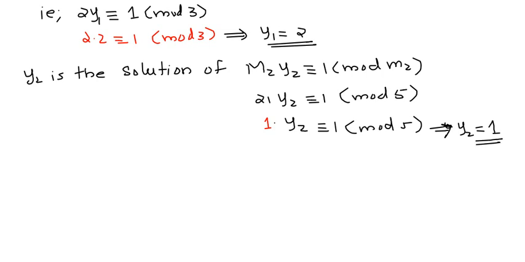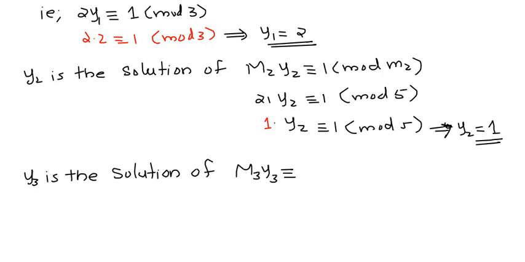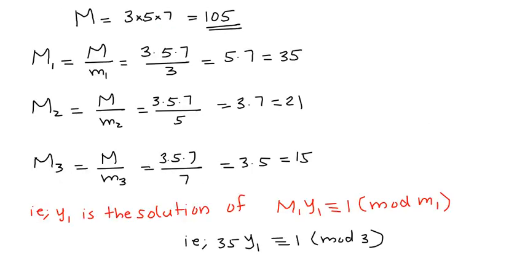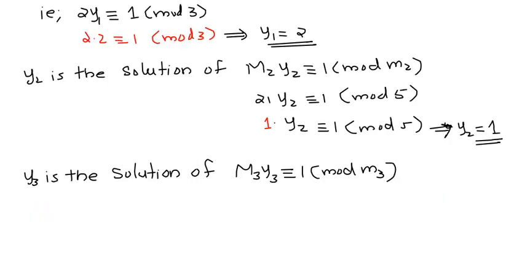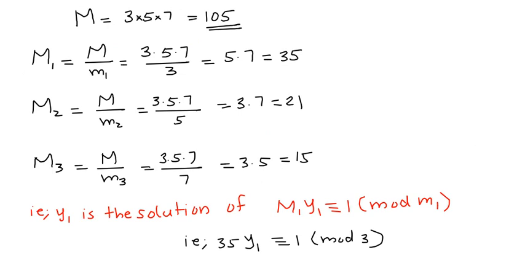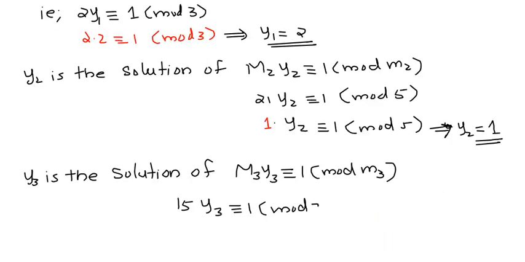So y1 is 2, y2 is 1. Next, what is y3? y3 is the solution of capital M3 y3 congruent to 1 mod m3. What is capital M3? It is 15. So 15 y3 is congruent to 1 mod 7.